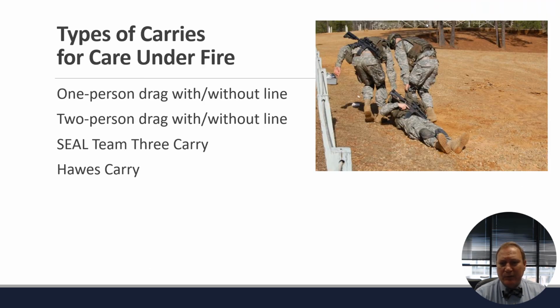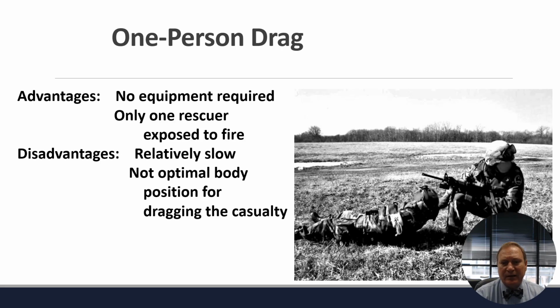The only thing I would tell you about casualty movement, these images are from some of our military friends that we've worked with. But a one-person drag or a two-person drag or a three-person carry, all of these are intended to help move somebody quickly out of a difficult situation.